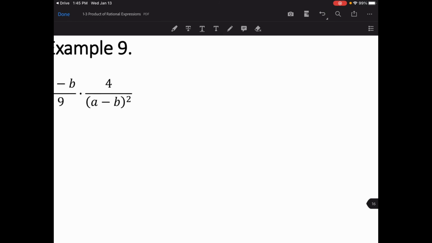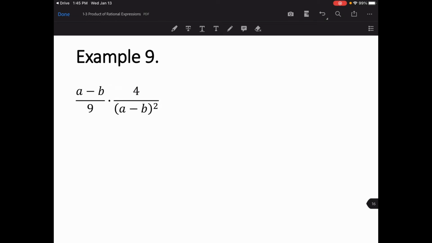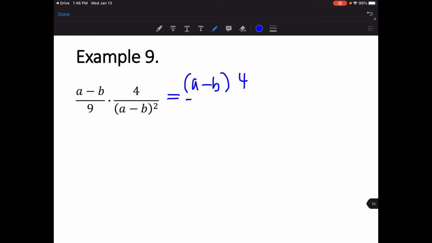Alright, example 9. I have a minus b over 9 times 4 over a minus b, in parentheses, squared. So same thing as we did earlier. We need to multiply our numerators. Therefore, I get a minus b times 4 all over 9 times a minus b squared.